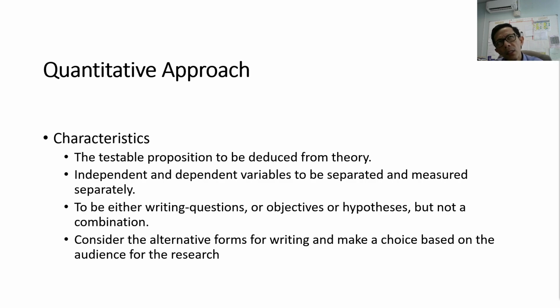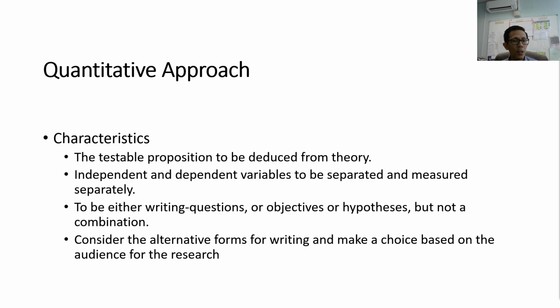In quantitative research, where you deal with numbers, you record the response using numbers. The characteristics include the testable proposition to be deduced from theory, and you can separate the independent and dependent variables.